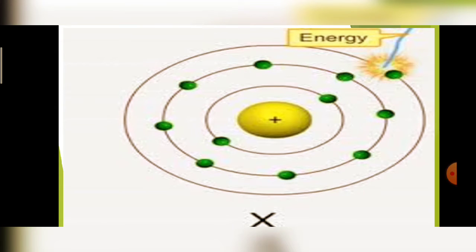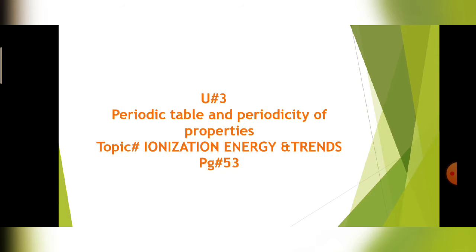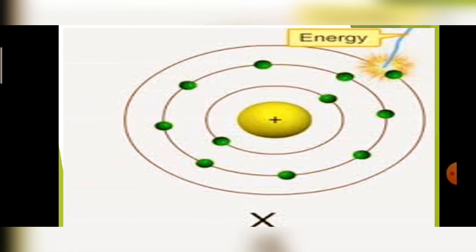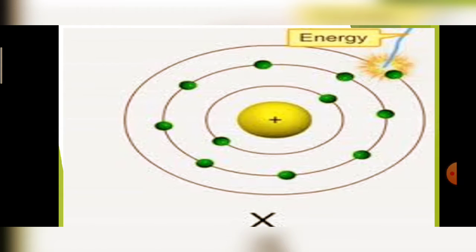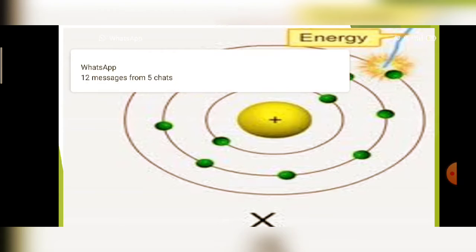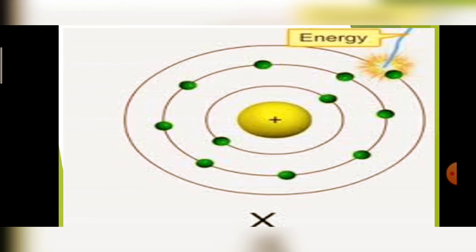Next we will discuss ionization energy. What is ionization energy? It is the amount of energy required to remove the most loosely bound electron from an isolated gaseous atom. For example, we take a single atom in its gaseous state, and we remove an electron from its outer shell by providing energy.